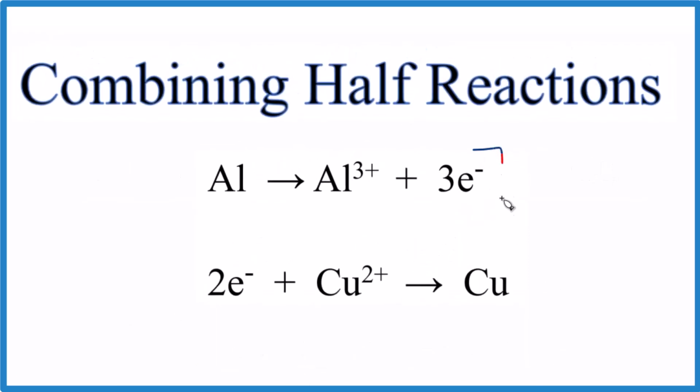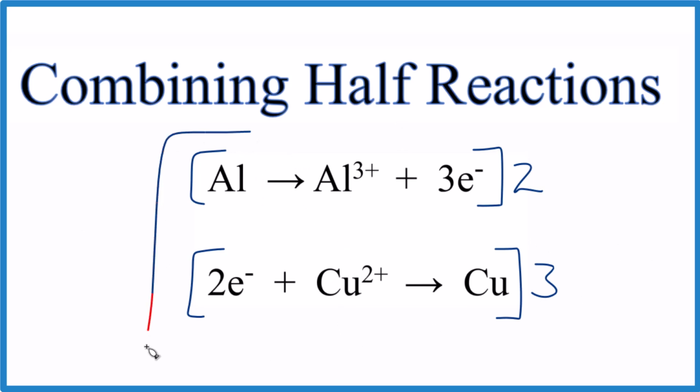If we multiply this half reaction, the whole thing, by 2, 2 times 3 electrons gives us 6. Down here, we multiply by 3, 3 times 2 electrons, that's 6. And we'll have the charge balanced. Then we'll add these together, cancel some things out, and we're done.